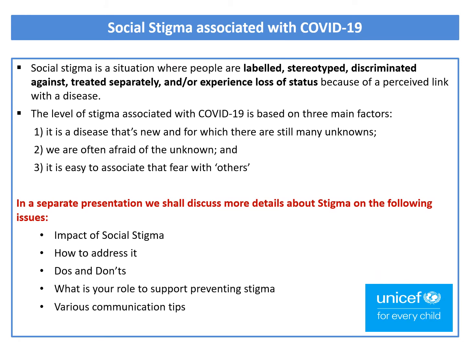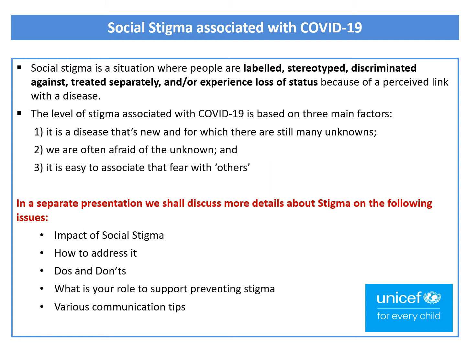All right, so we said that this disease is affected by the stigma. I think the response is affected by the stigma. So stigma, or social stigma, is a situation where people are labeled, this is a COVID case or corona case, or stereotyped.